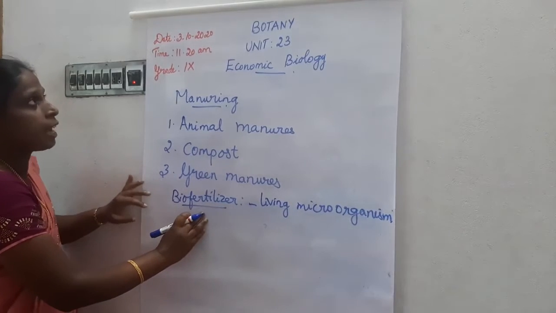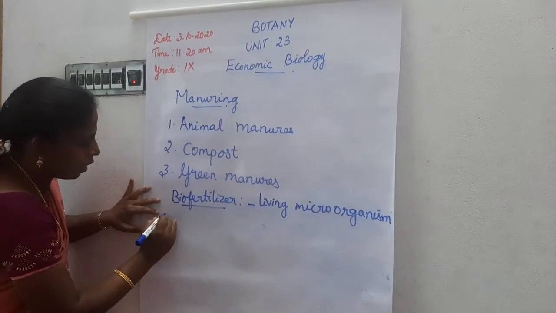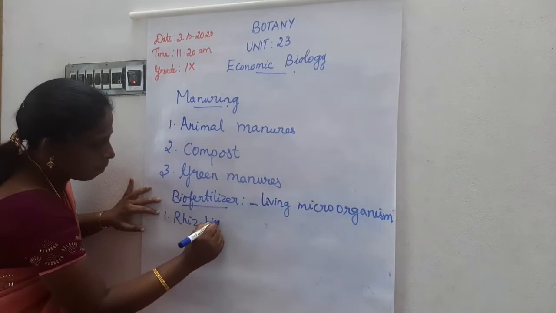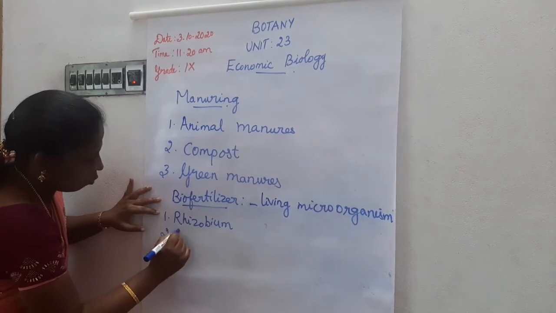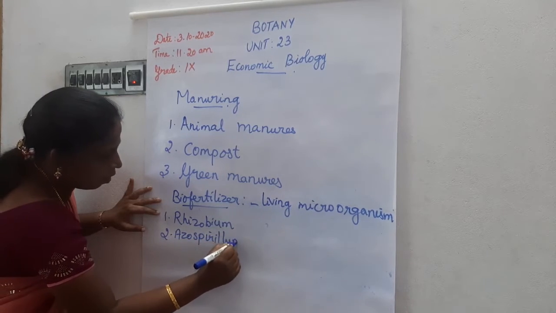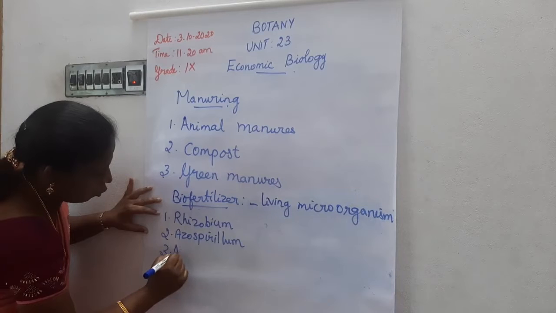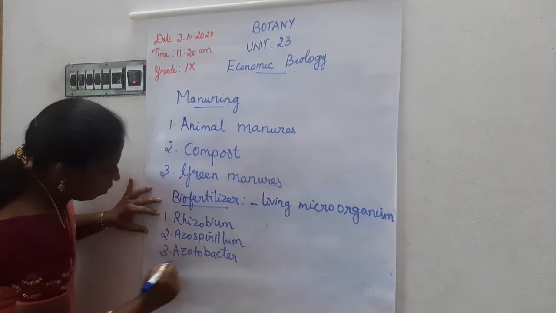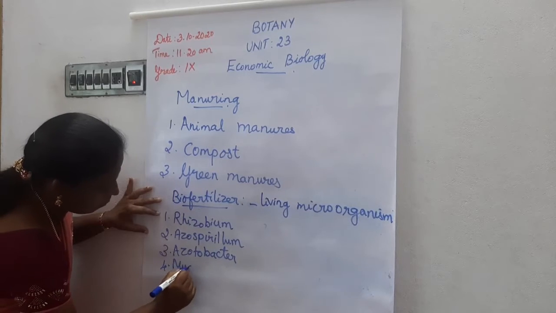There are different types of biofertilizers. They are rhizobium. Second one is azospirillum. Third one is acetobacter. Fourth one is mycorrhizae.